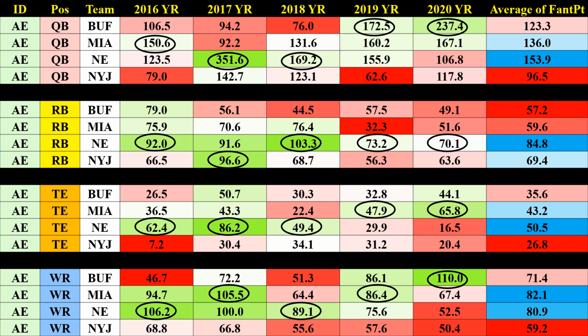And again, remember, this is not just the starting quarterback or wide receiver or running back or tight end. This is everybody, backups, everybody that played at least a snap that I have in my database. So I just do a grand average there.